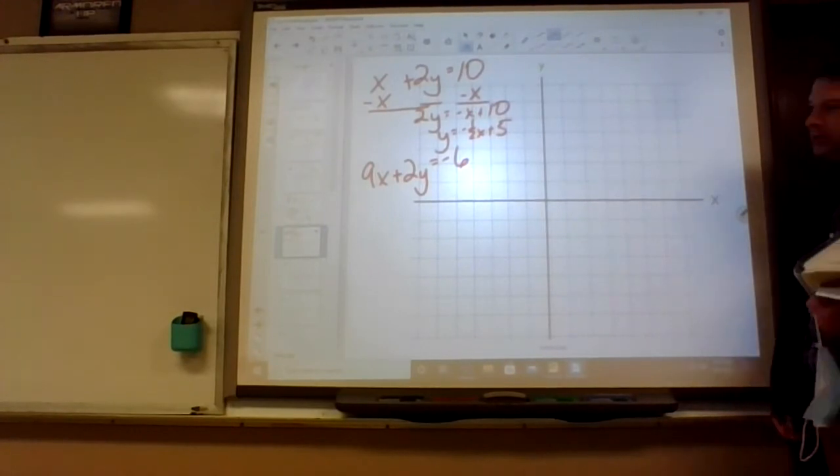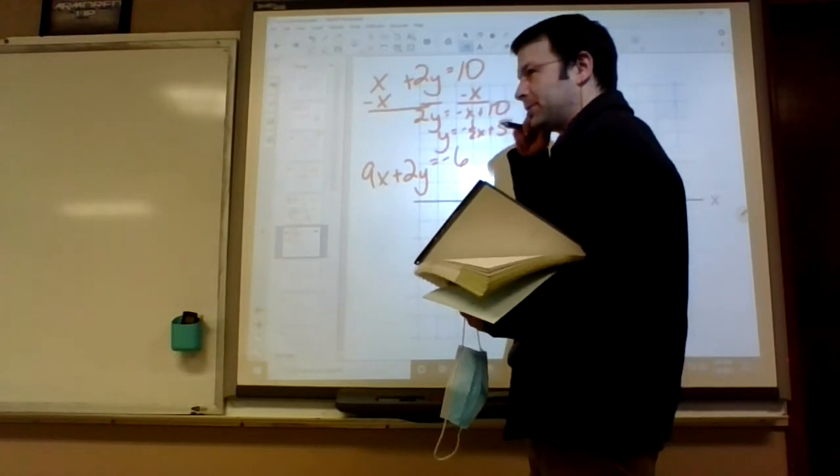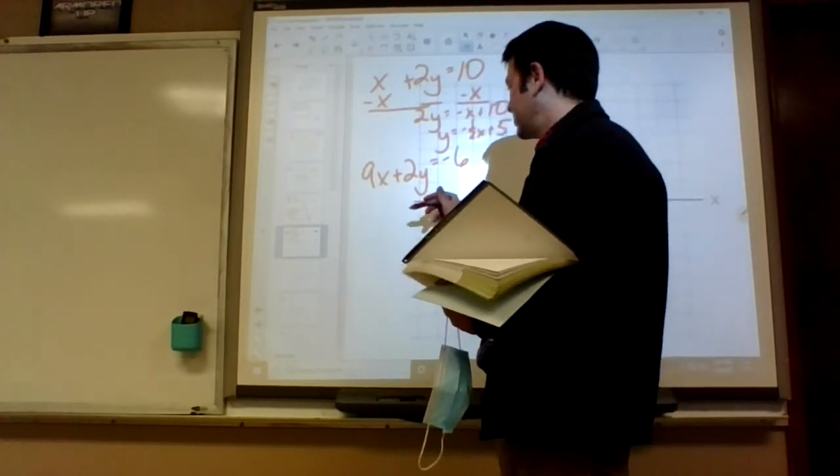The slope reduces, you should reduce it. You don't have to, you'll still get the right answer, but I think it'll make it a little bit easier.